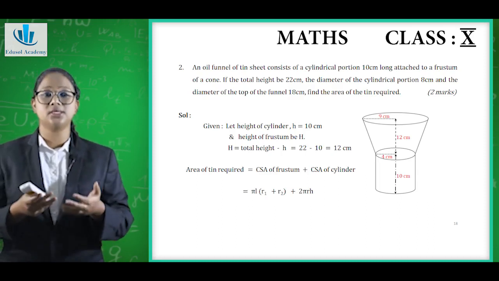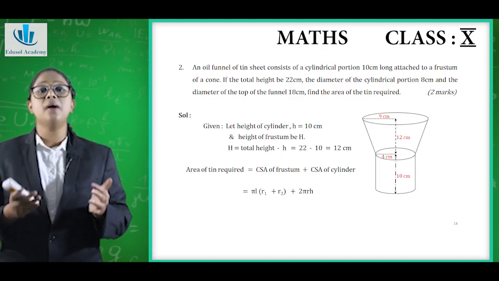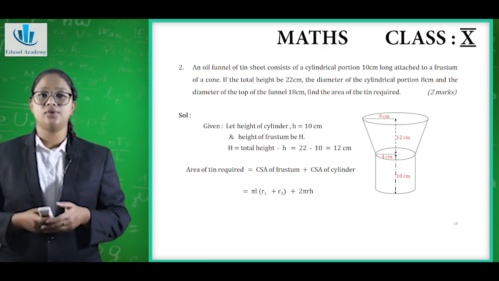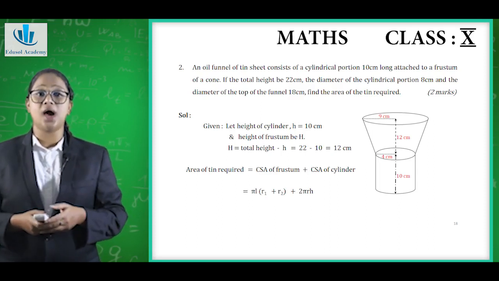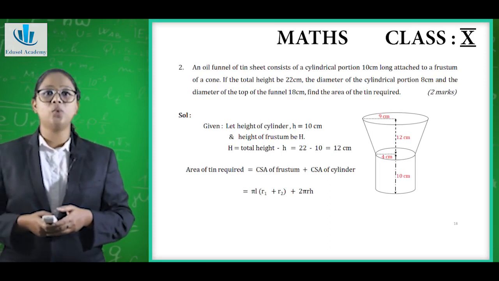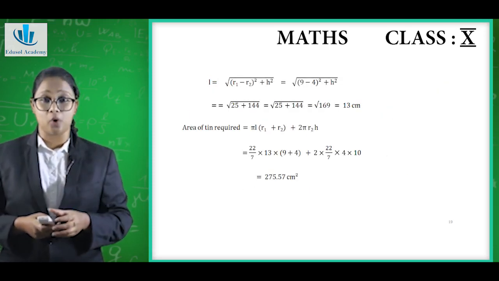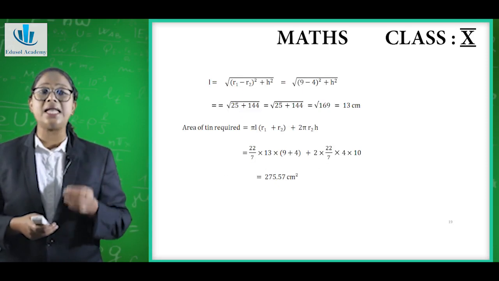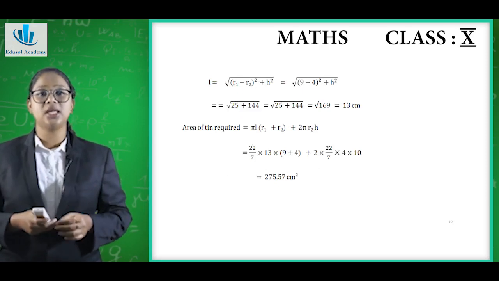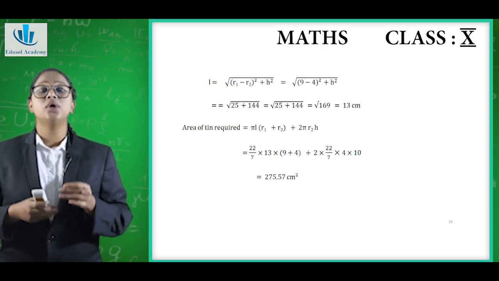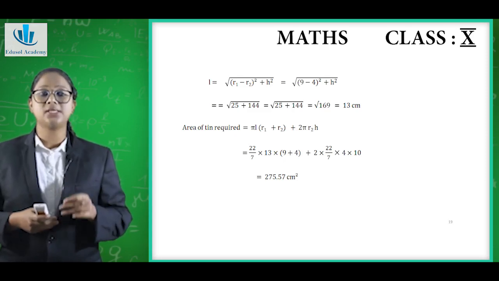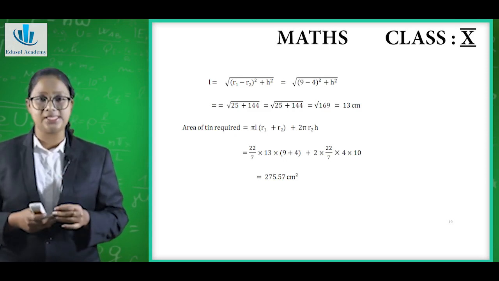So all we need is the CSA of the frustum plus CSA of the cylinder. So pi L into R1 plus R2 plus 2 pi RH. Now before proceeding to the main problem, you have to find the slant height of the frustum. Using the equation, L is equal to root of R1 minus R2 the whole square plus h square.